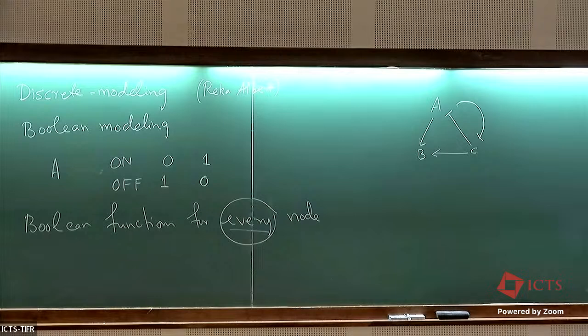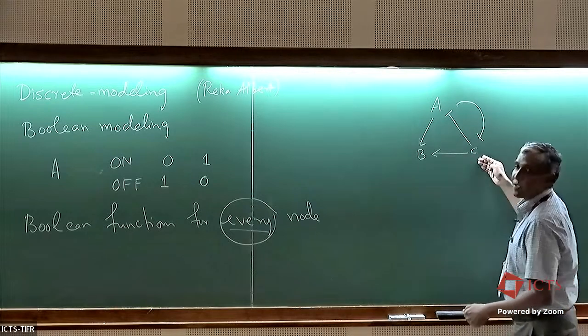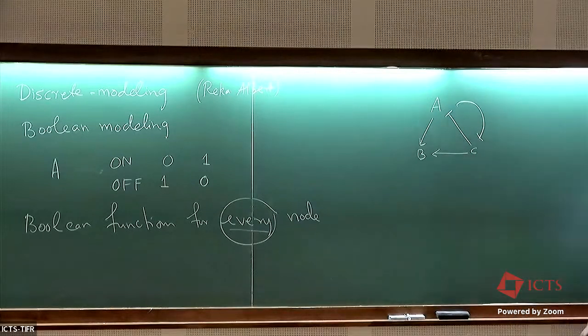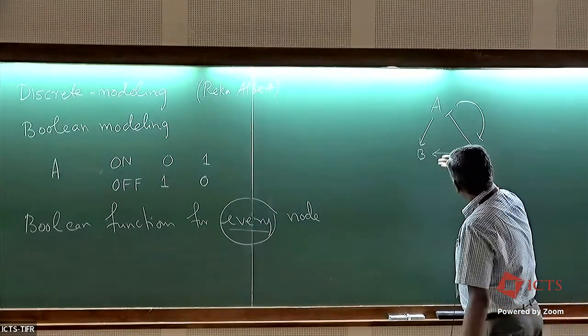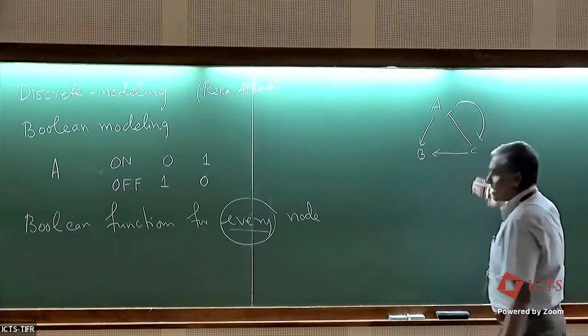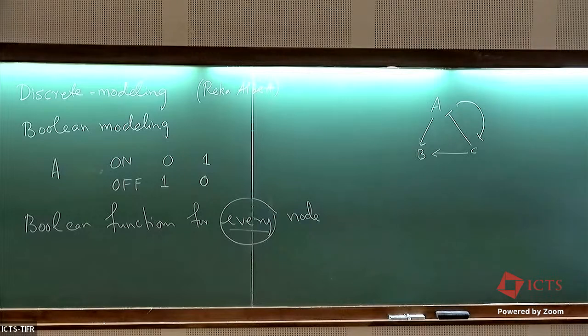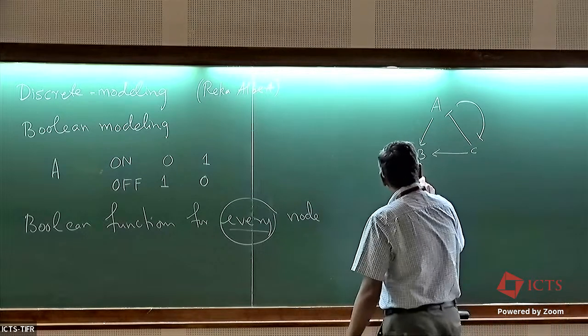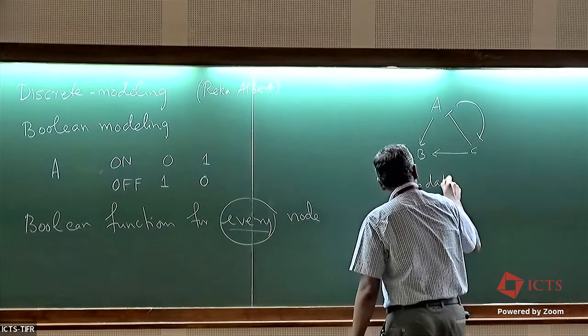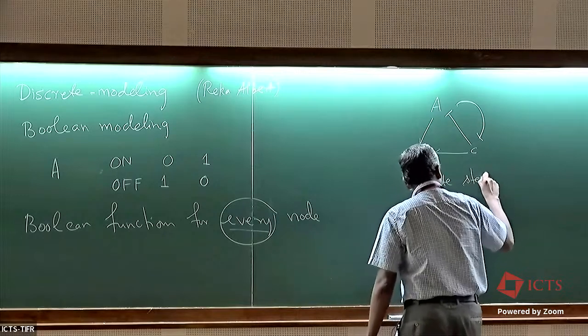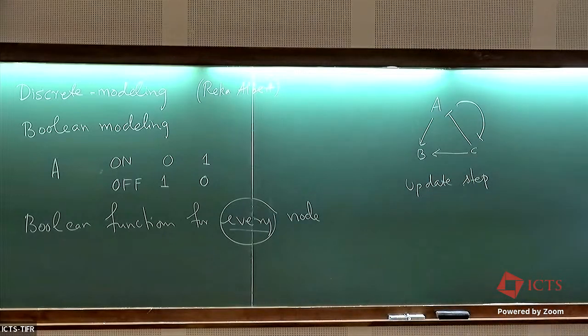So we start with a specific 0-1 combination for these nodes in the network. And then as we progress in time, we use these interactions to update the values of the nodes with time. And that process is what is called an update step.